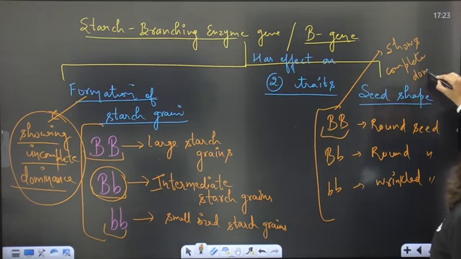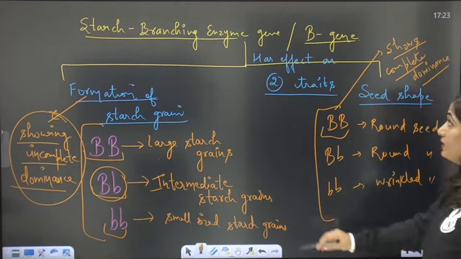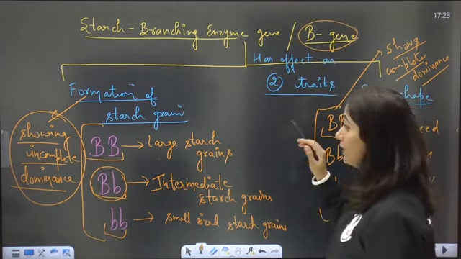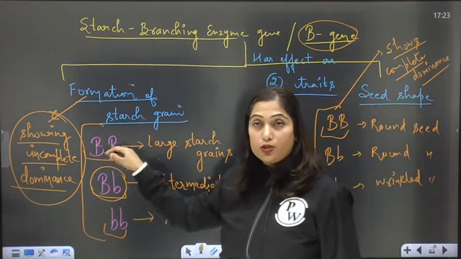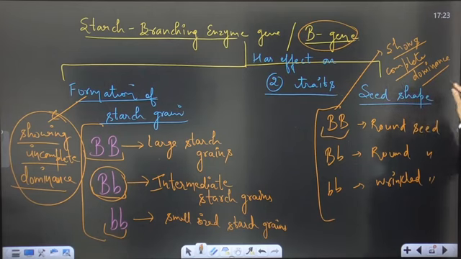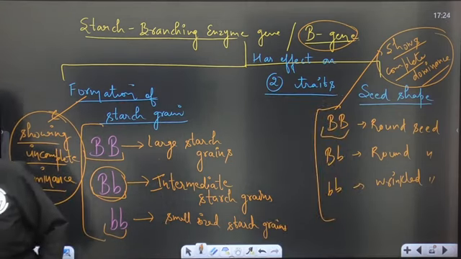So this is important, that this B gene is a pleiotropic gene controlling two traits together, but in controlling this trait it is showing incomplete dominance, and while controlling this trait it is showing complete dominance. Okay, so this is important to remember.